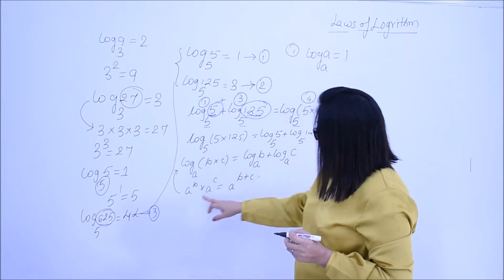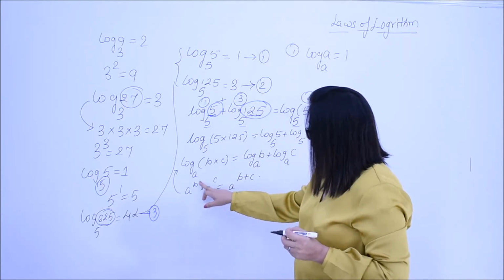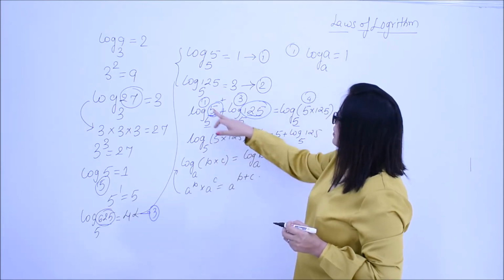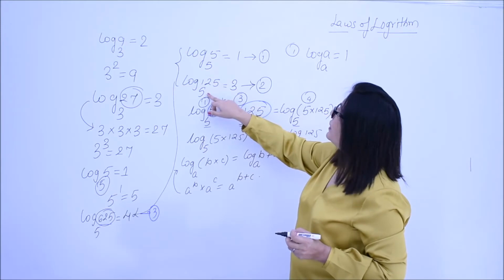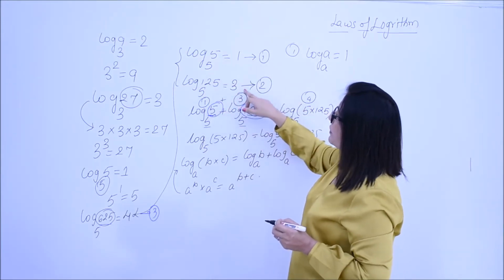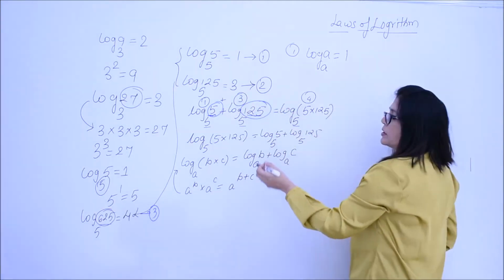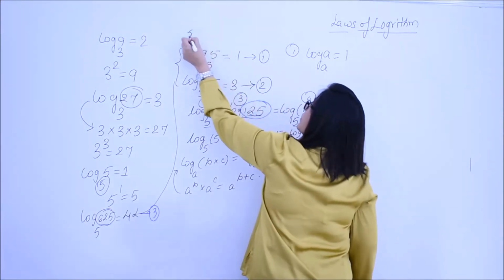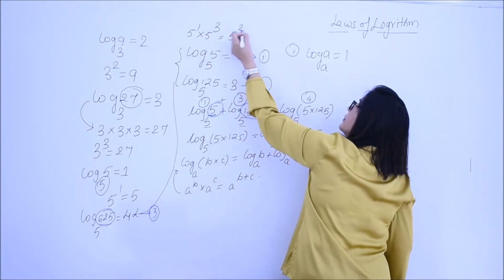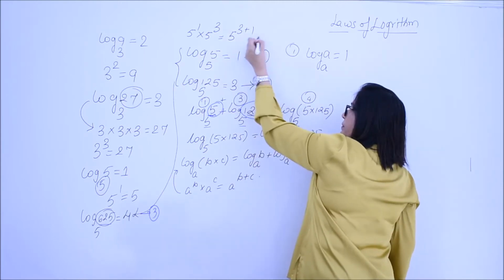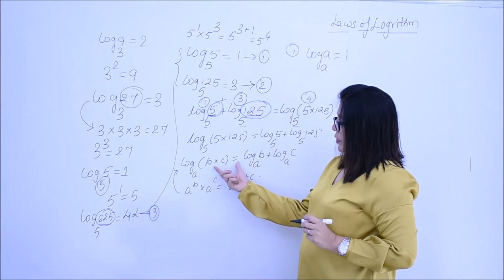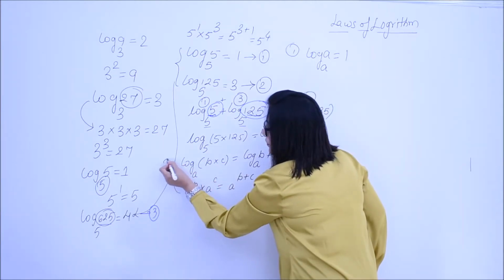The base a is the same, and b into c becomes b plus c. The same thing we are doing here. If you look at these equations here, the base is the same, 5, and 5 to the power 1 into 5 to the power 3 gives me 5 to the power 3 plus 1, which is 5 to the power 4. So this is our law for multiplication of log.